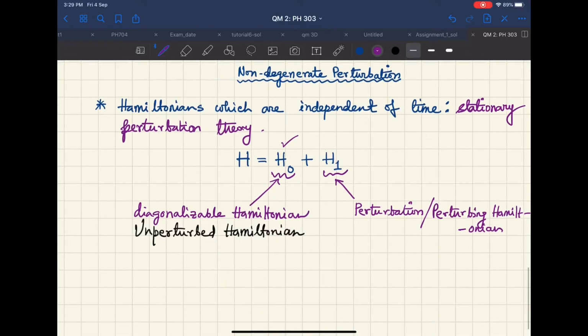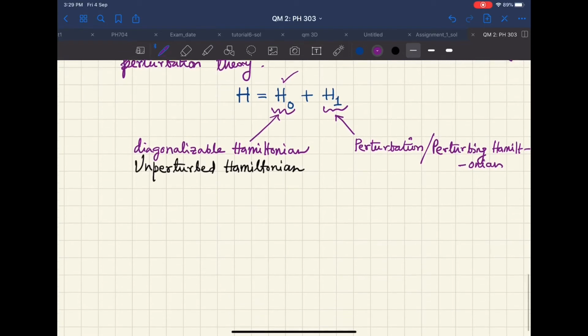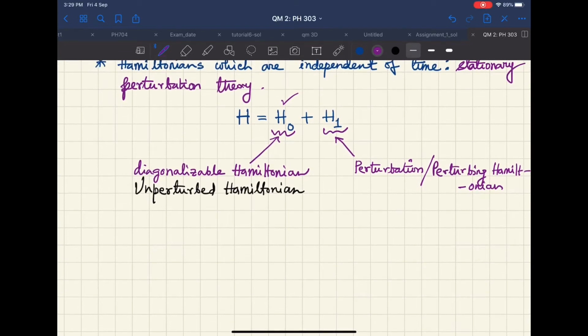What do I mean by that? So, let us write a little bit more explicitly. Suppose, as I said, this is a diagonalizable Hamiltonian or unperturbed Hamiltonian. That means we know exactly what the solutions are. That means we know exactly the energy eigenvalues for H0, and we also know the eigenstates.